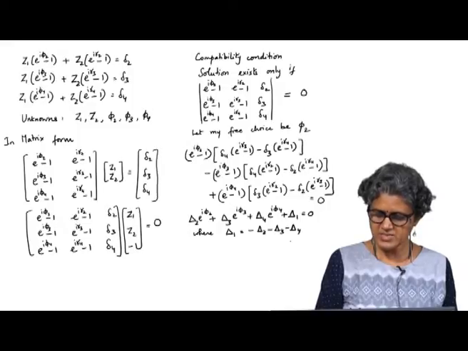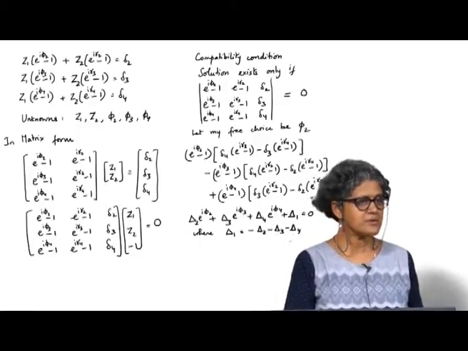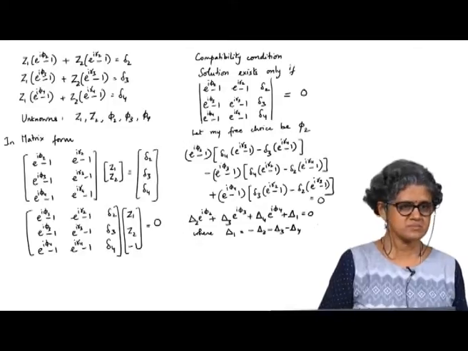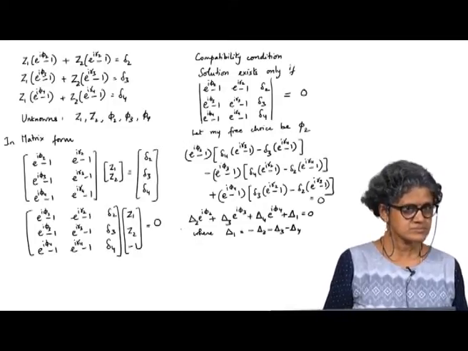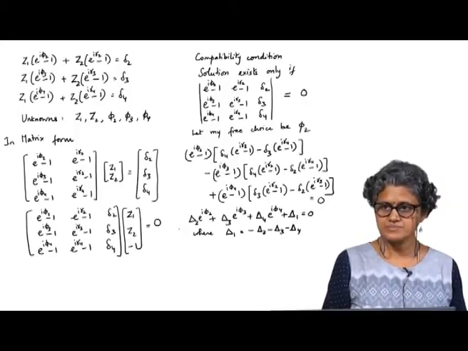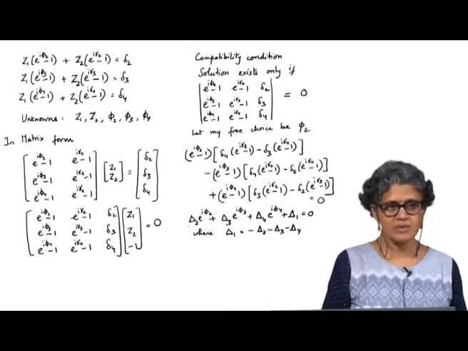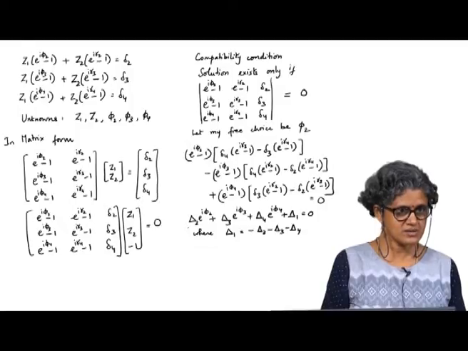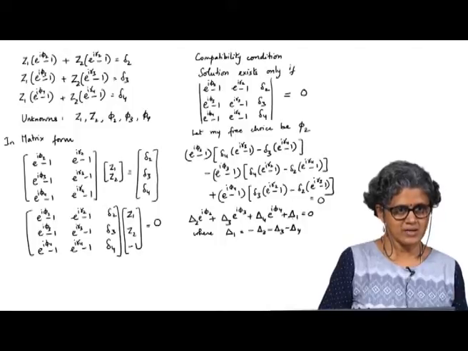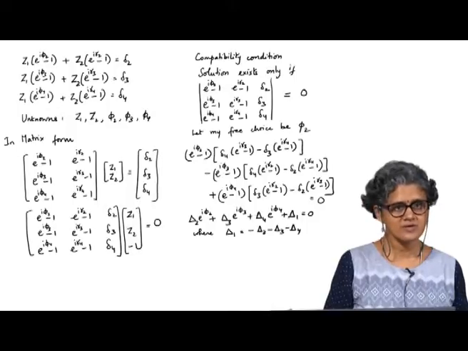I get this in this form. What does this form remind you of? Remember, these are all complex numbers. Does that look familiar? This looks like the loop closure equation for a 4 bar with fixed length delta 1 and the other 3 links delta 2, delta 3, delta 4.